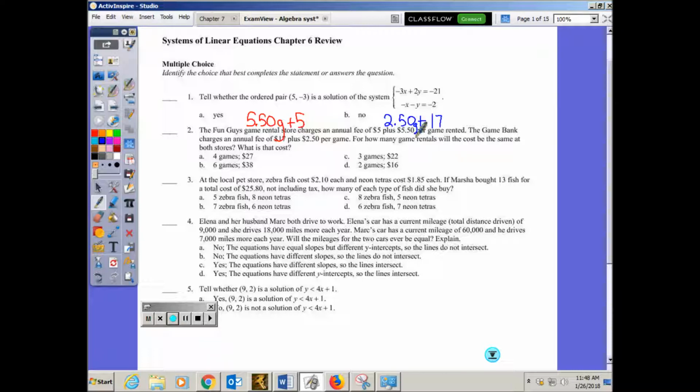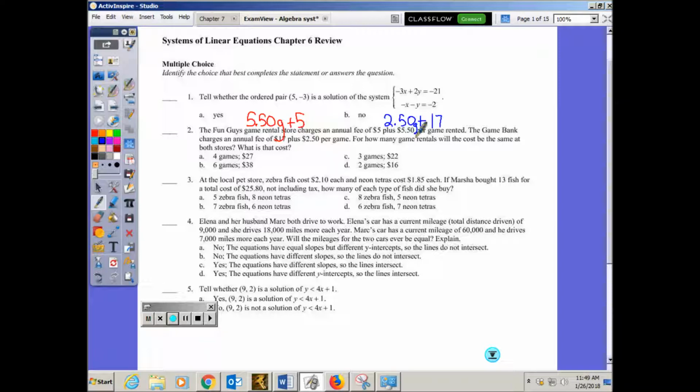We could say, well, one game here would be $5.50 plus 5 would be $10, right? And one game here would be $2.50 plus 17 is $19.50. That's not the same. Then we could try 2 games, then 3 games, then 4 games. I could just try all my choices, but then I have to do the problem 4 times.